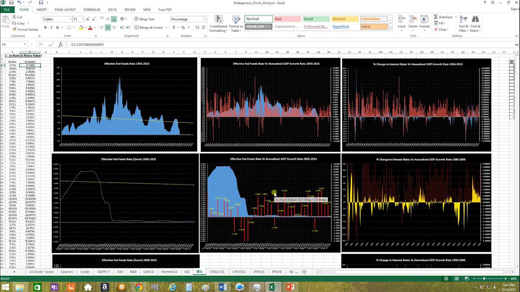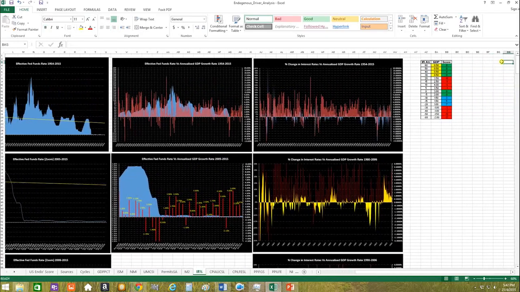And we've also zoomed in on this data, looking at it from 2005 as well. So we get an appreciation pictorially of what interest rates do when growth rates fall. And we can see that going back all the way to 1954.